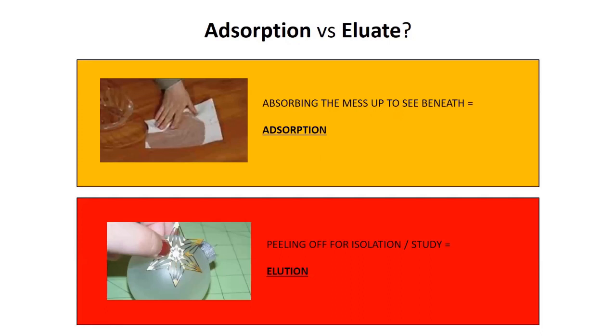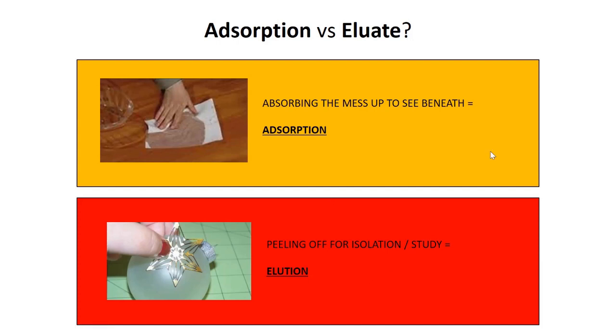Terminologically, the adsorption is different from the eluate. The adsorption is about cleaning up a mess and trying to see beneath a repertoire of autoantibodies when you're working in the plasma phase. How do you tell if they're alloantibodies? Well, you need to do an adsorption if you're faced with an obfuscating repertoire of autoantibodies.